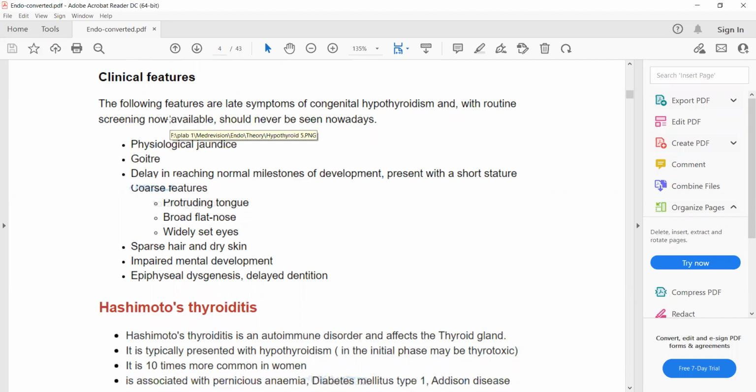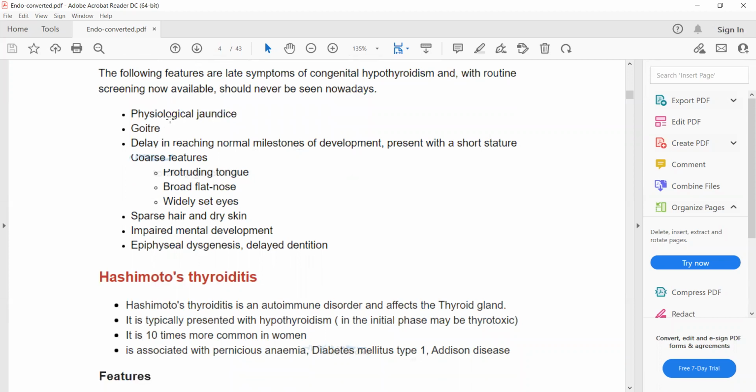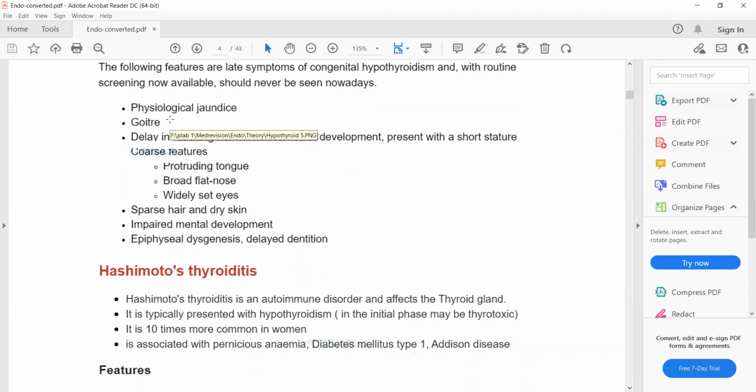What will be the coarse features? Protruding tongue, broad flat nose, widely set eyes, and sparse hair and dry skin. Remember that thyroid hormone or thyroxine stimulates the growth of hair follicles.